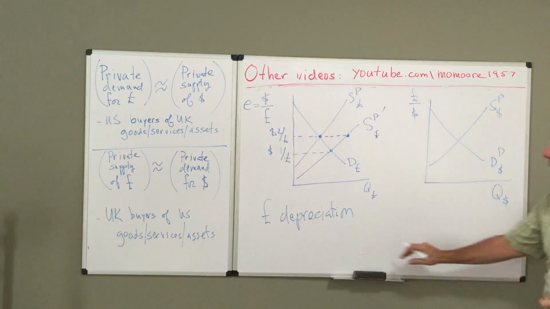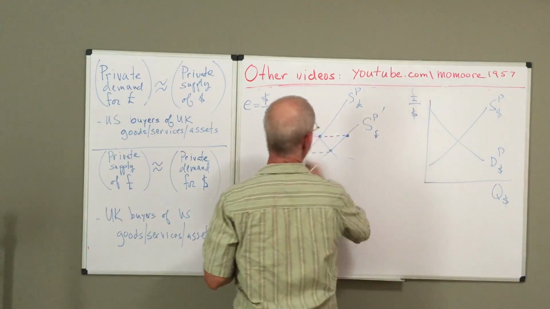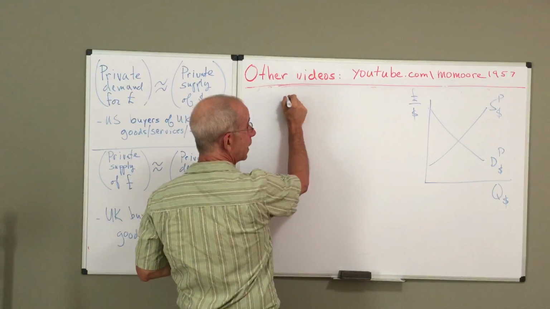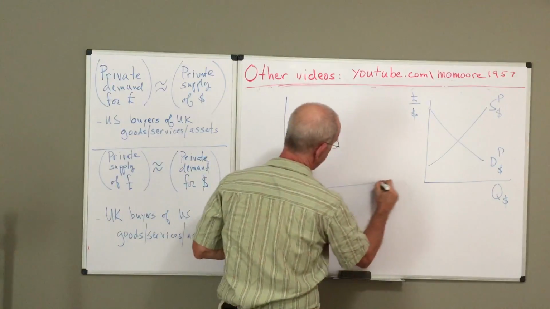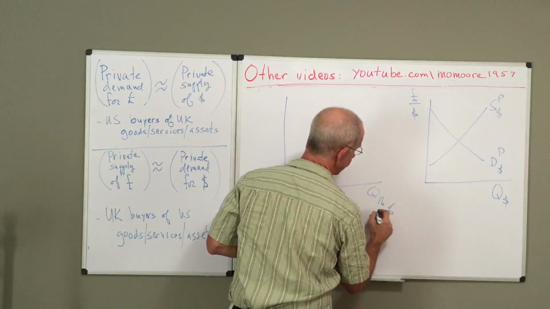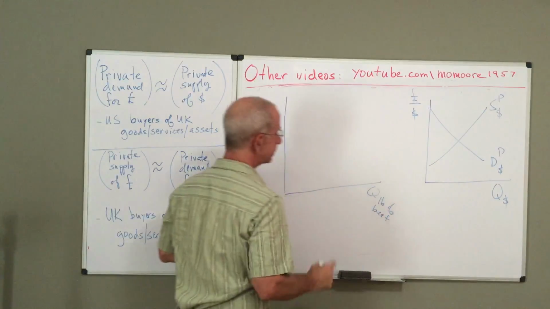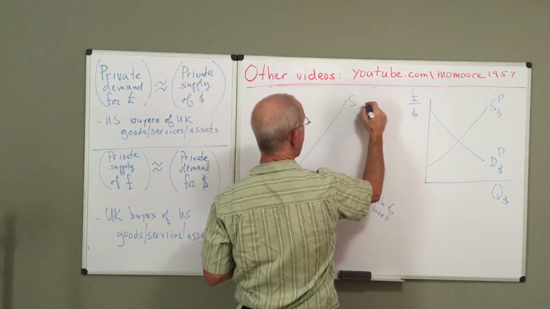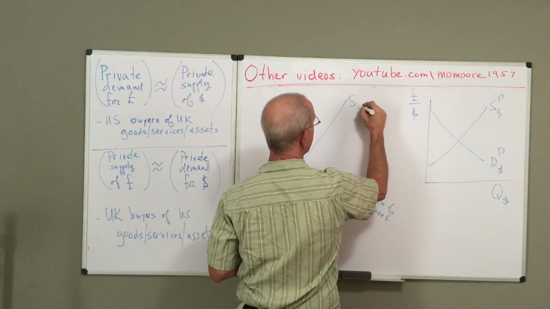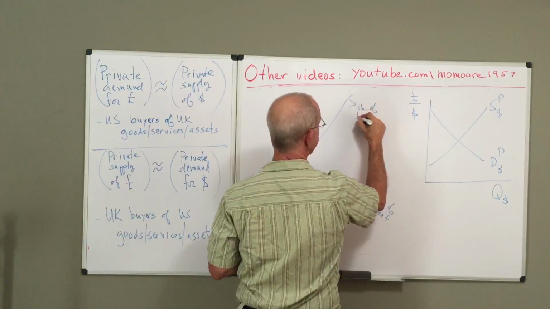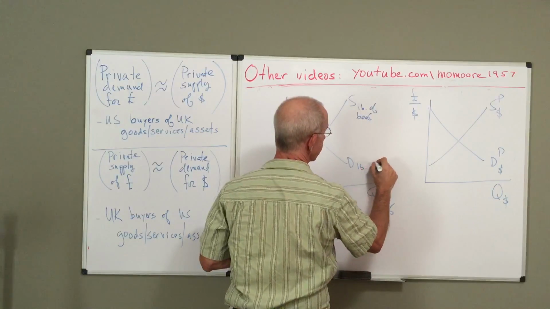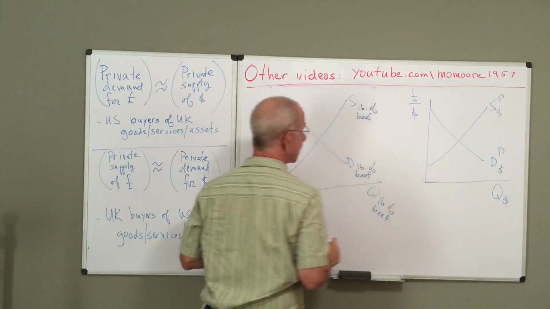And just maybe to finally solidify this, let's say that we had quantity of pounds of beef. We had the supply of pounds of beef. We had the demand of pounds of beef.